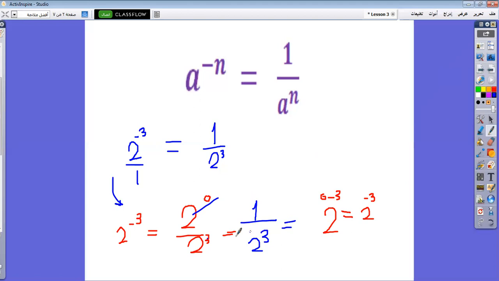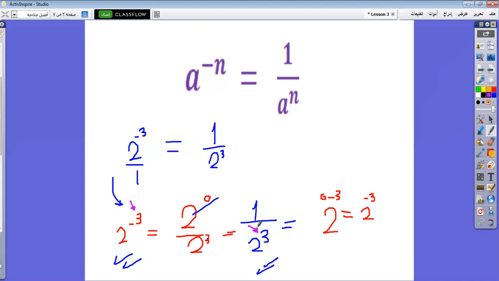So, did you understand that 2 power negative 3 is the same as 1 over 2 power 3? Here is the negative power and here is the positive power.